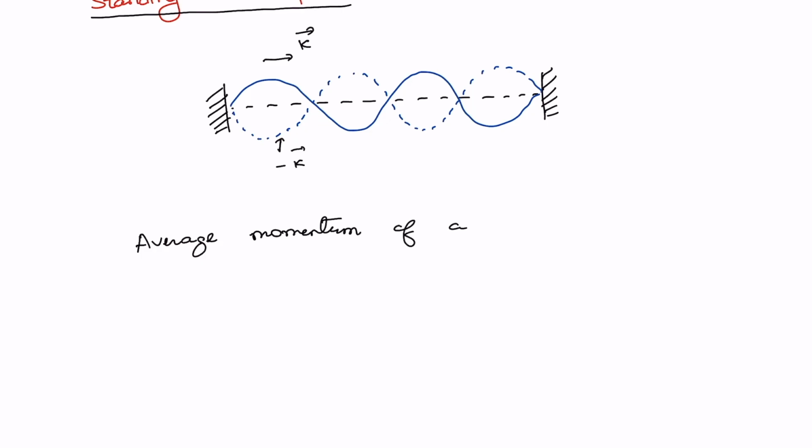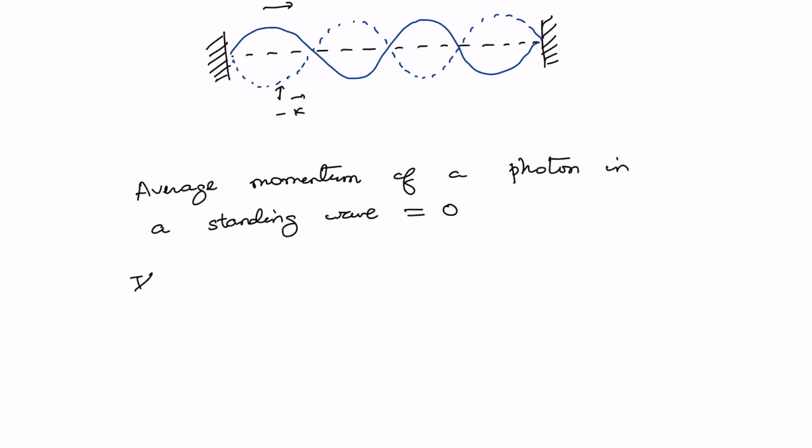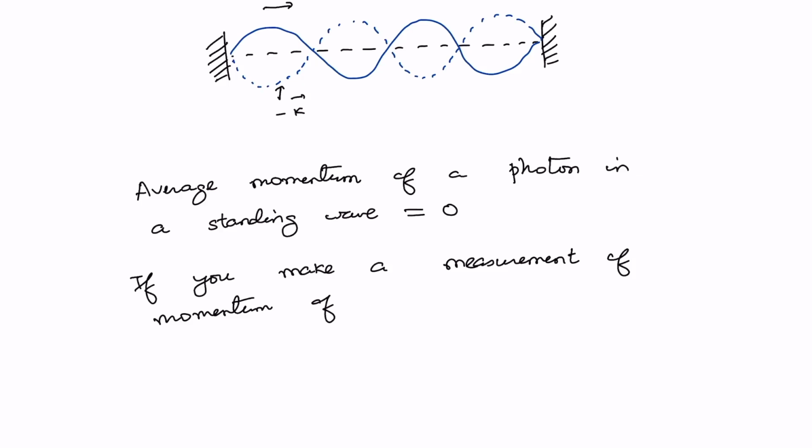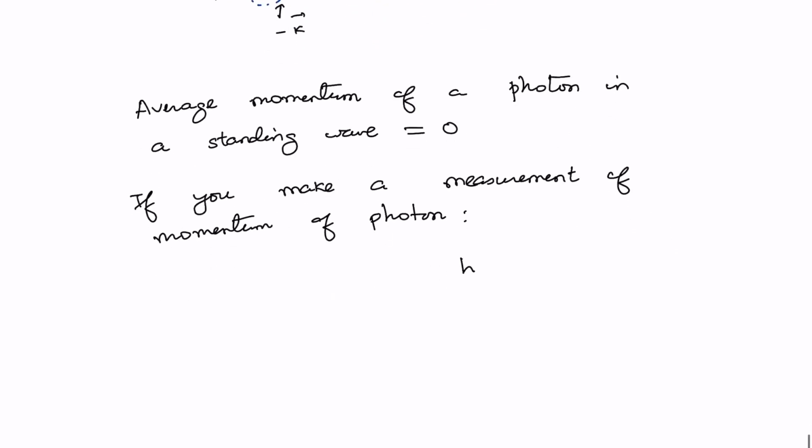Average momentum of a photon in a standing wave is equal to 0. What does that mean? This means that if you make a measurement of the momentum of a photon in the standing wave, you will either get plus h cross k or you will get minus h cross k.